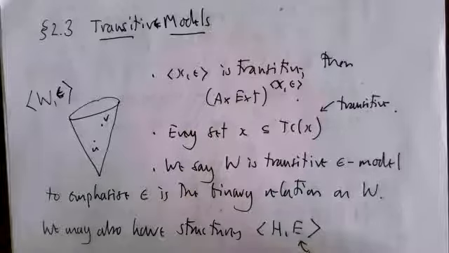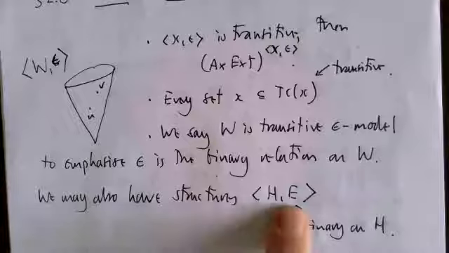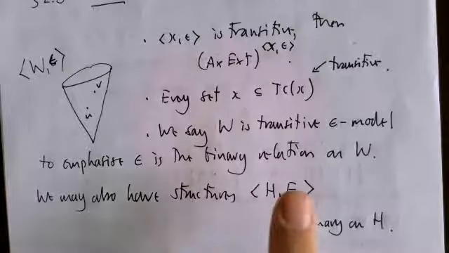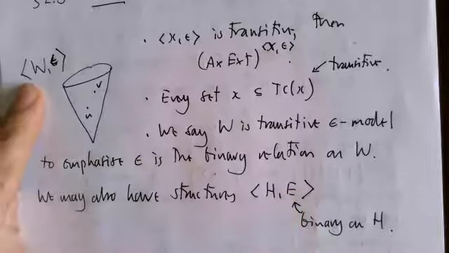This is a binary relation on H. It's not necessarily set membership, although it might be, I'm not ruling that out, but it's actually isomorphic to some transitive model like this here.